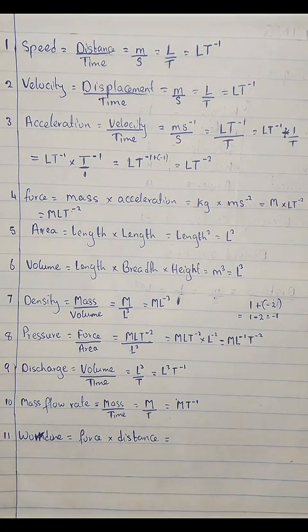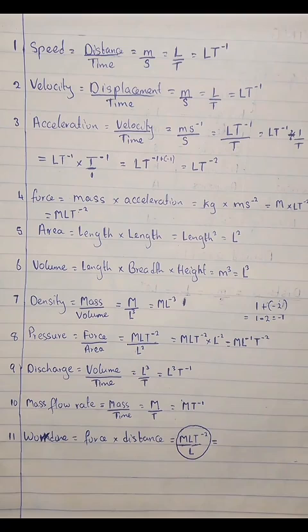Now this is one mistake students do make. Sometimes they will mistake what they are supposed to multiply, they will divide. So I did this to grab your attention. We had work done as force times distance, which is supposed to be ml per t square times L, and I intentionally did ml per t square over L to see if you actually recognize the error immediately.